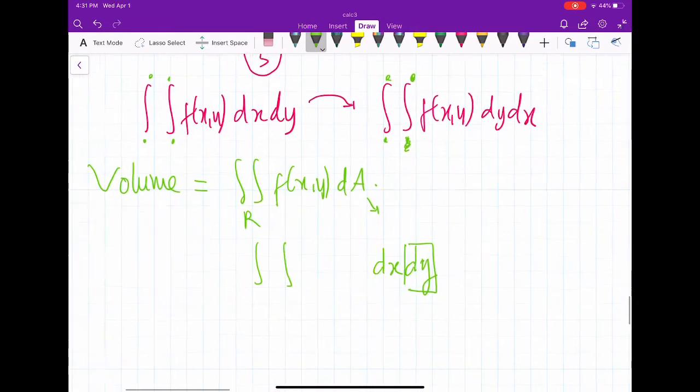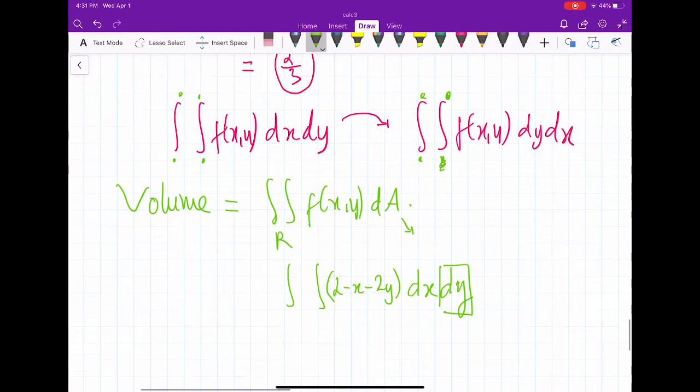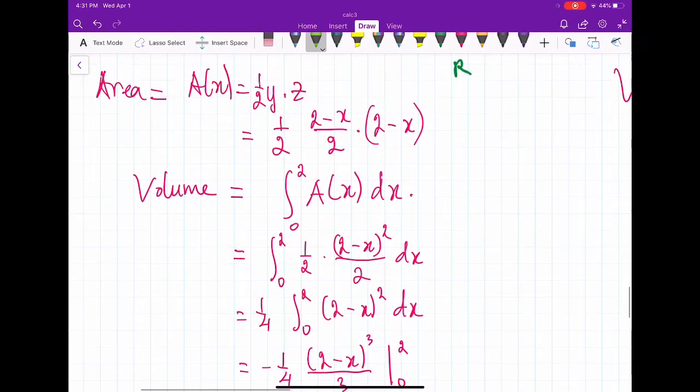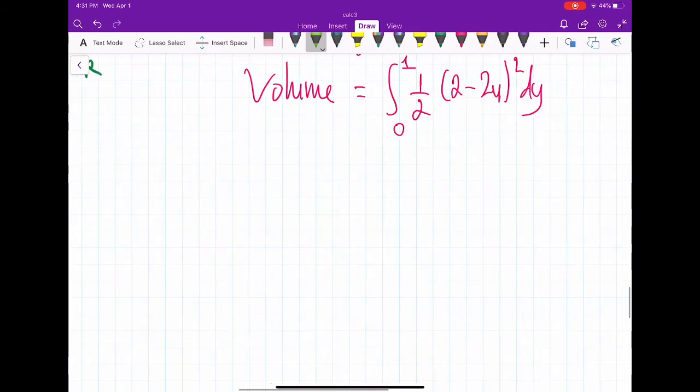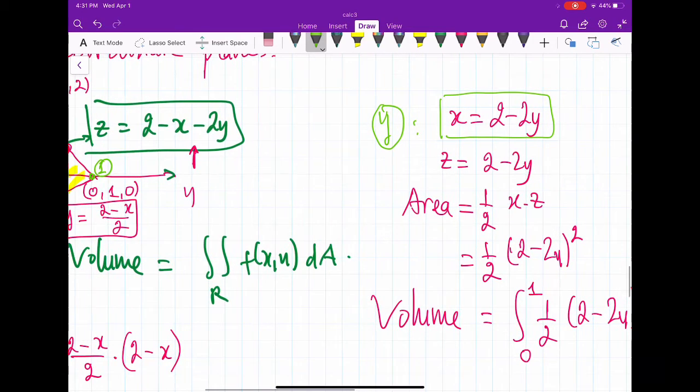If you fix y, you will integrate with respect to x first, and your function is still the same: 2 minus x minus 2y. Since you integrate with respect to x, now you have to find x depending on y. That's what we are doing right here.